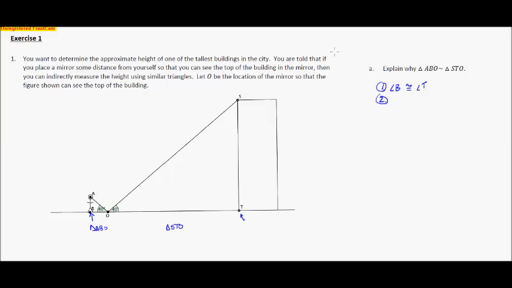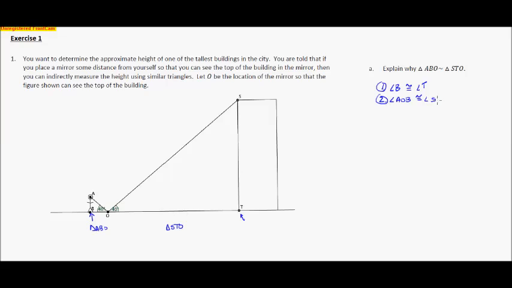So there's one set of angles. They also give us in the problem the way you hold the mirror: the line of sight of the person and the line straight to the top of the building are both 40 degrees. So angle AOB, meaning this angle right here, is also congruent to angle SOT.